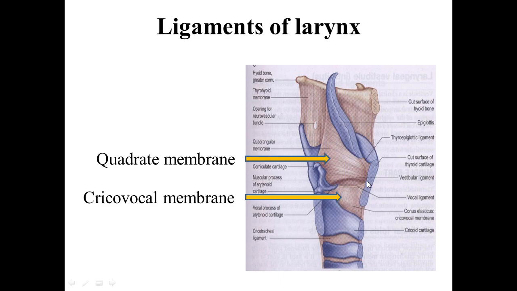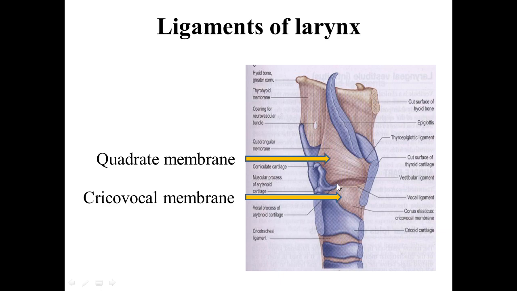has an upper free border. So the upper border of the cricovocal membrane is free and thickened and it forms the vocal ligament. So the vocal ligament is the upper free border of the cricovocal membrane.